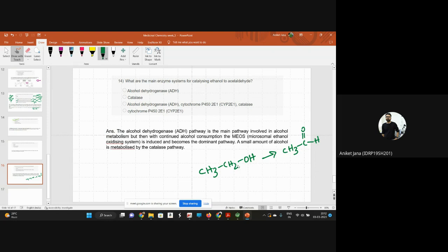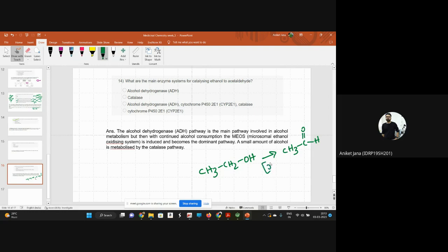Here, what kind of process is taking place, reduction or oxidation, from ethanol to acetaldehyde? Oxidation, sorry.